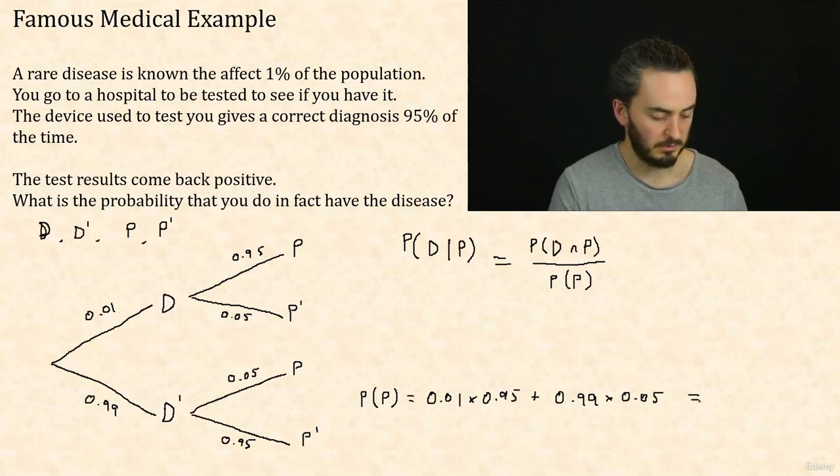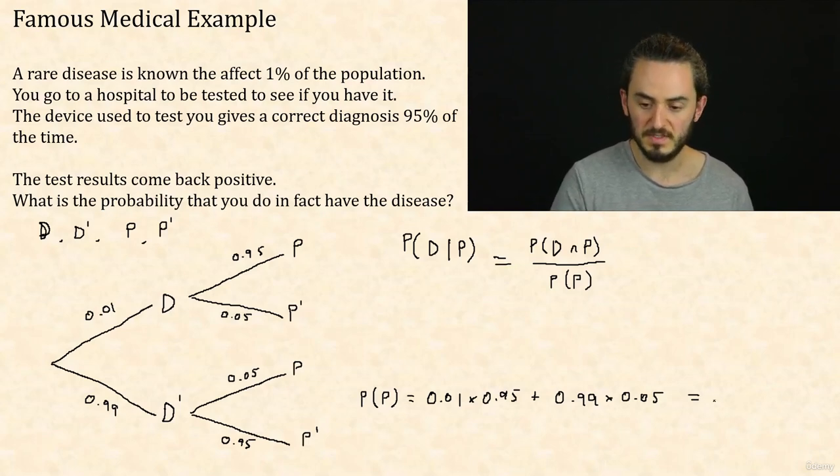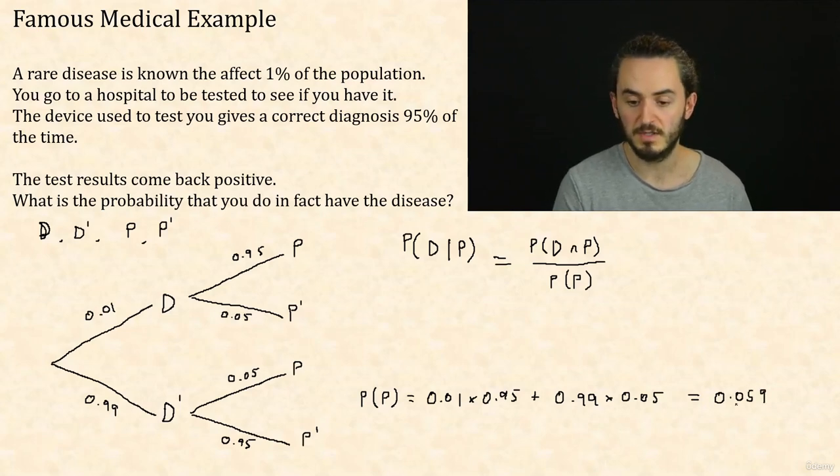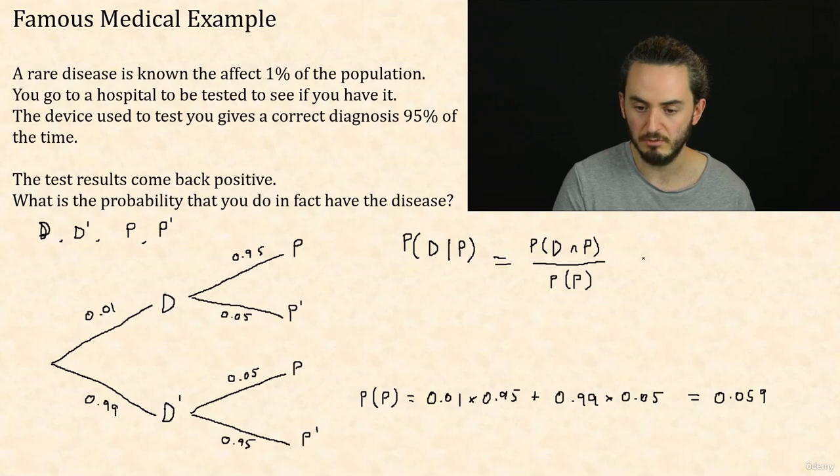Key all of that into the calculator, 0.01 times 0.95 plus 0.99 times 0.05. So that is 0.059. So just in general, there is a 0.059 chance that you get a positive result. So that's what we're dividing by.